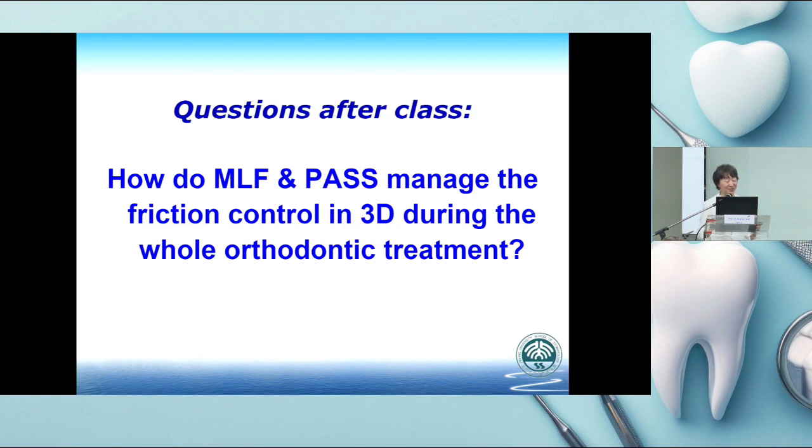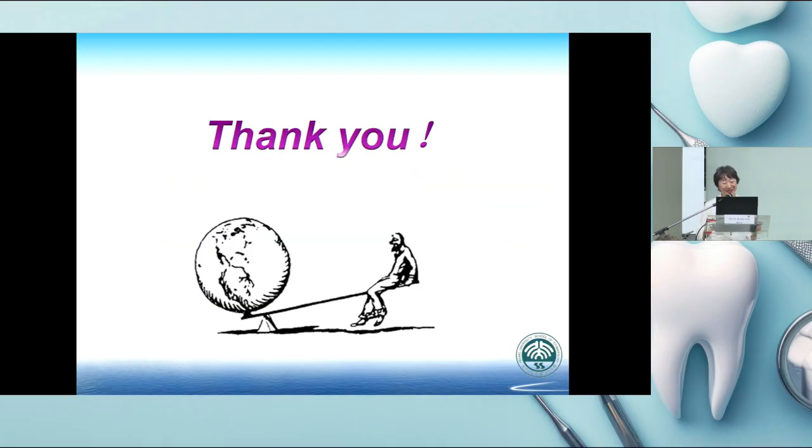It's a big question: how do MLF and PASS manage the friction control in three dimensions during the whole orthodontic treatment? It's too big to answer, right? Okay. Thank you.